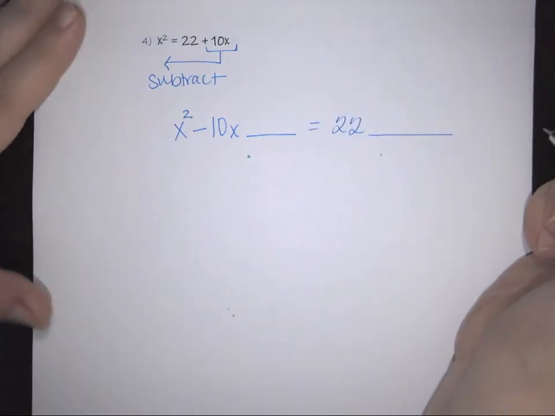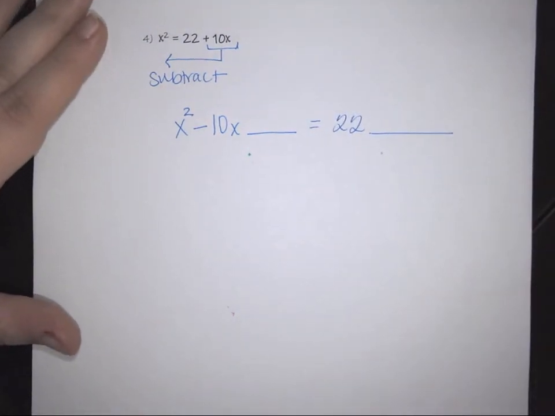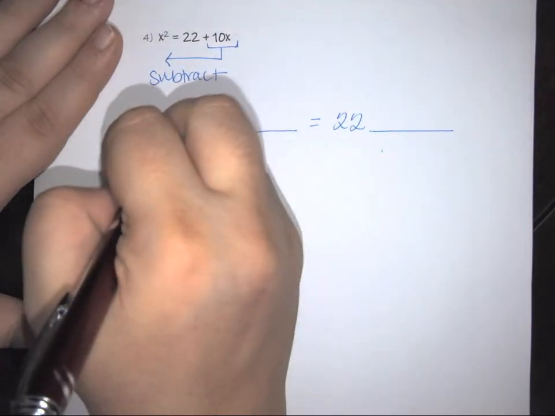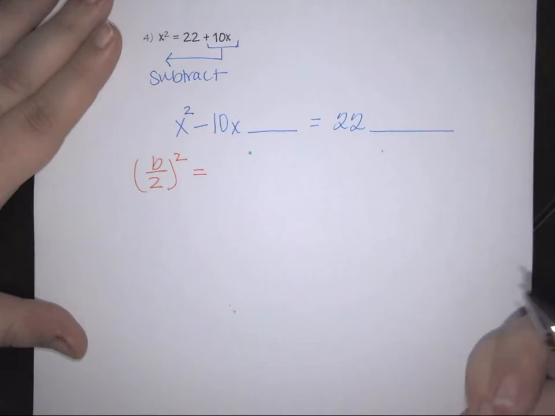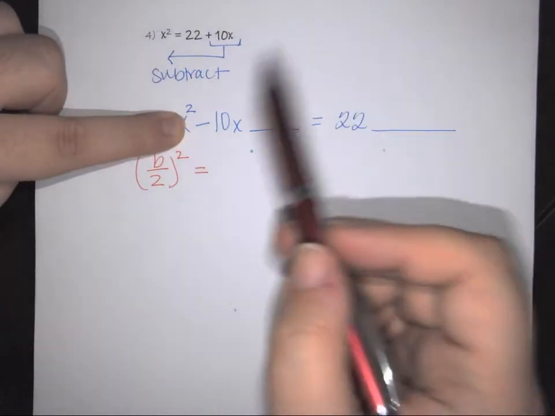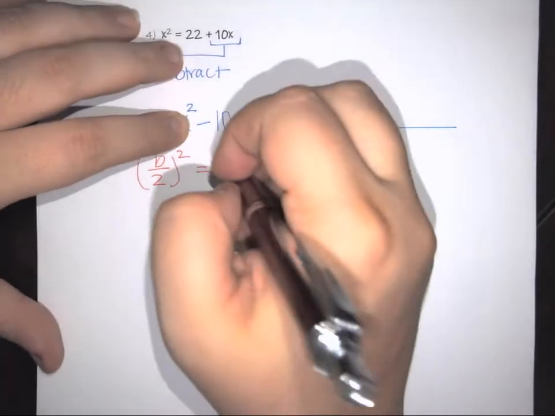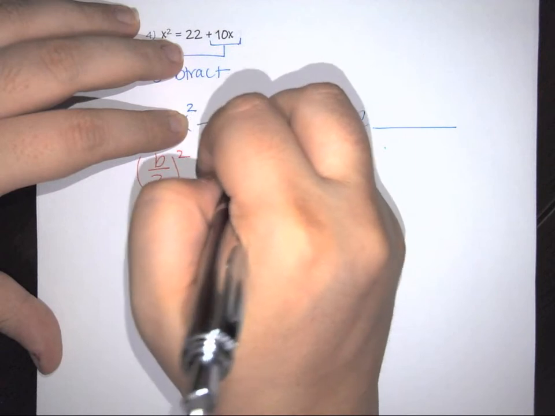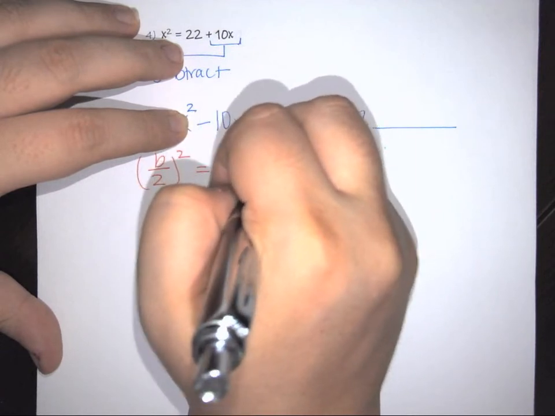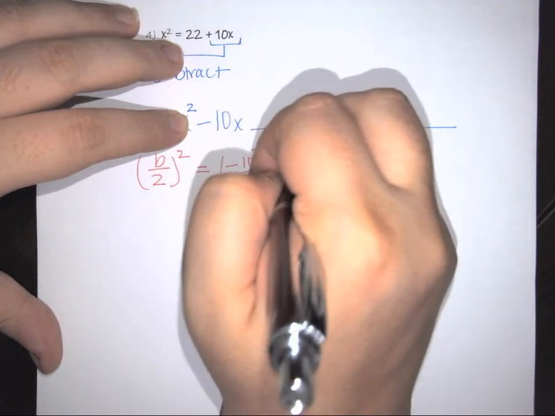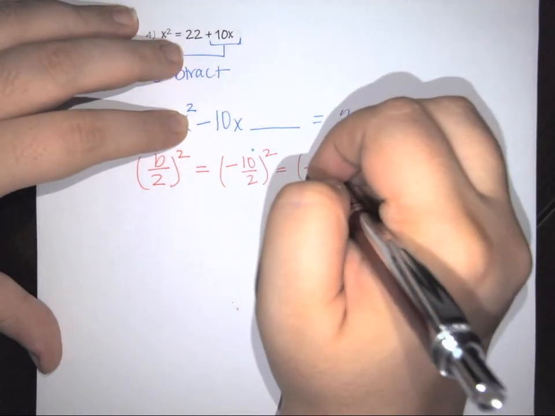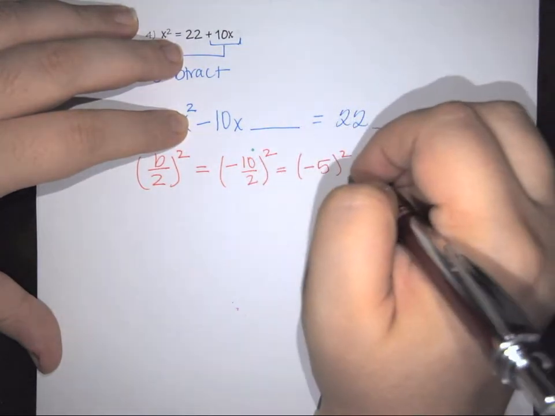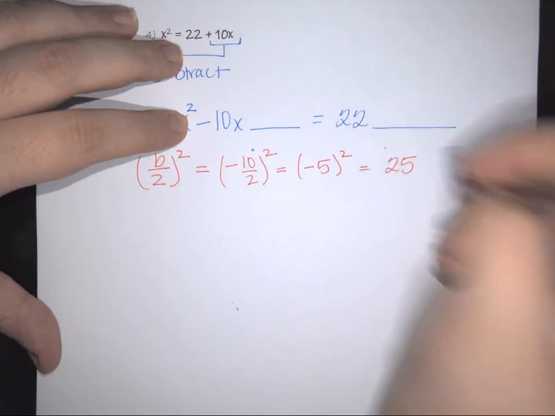Give myself a space. Then I need to set up my middle term, b over 2 squared. My b term in this case is a negative 10. So this is going to be negative 10 over 2 and squared. Negative 10 over 2 is going to give you a negative 5 squared, and 5 squared is 25.